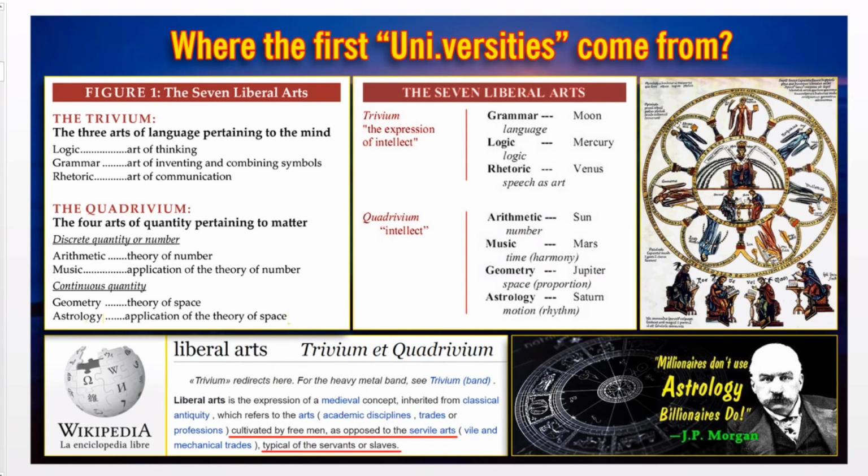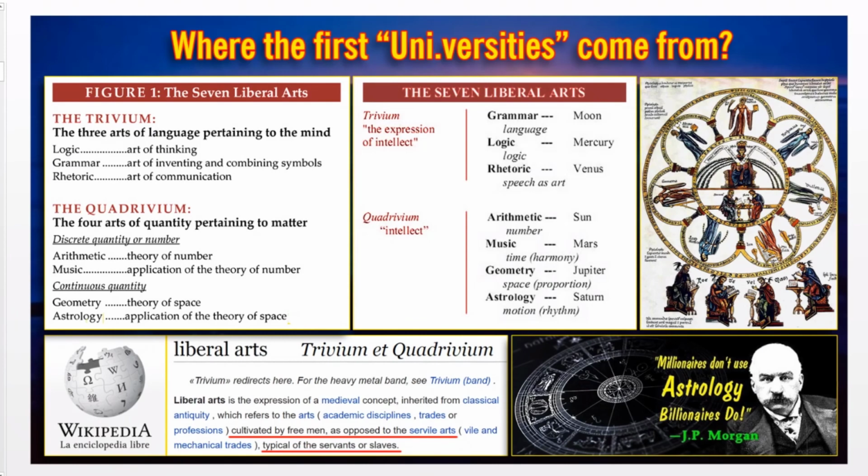And I see that quote you have there in the corner, that millionaires don't use astrology, but billionaires do, which is so true. And I've told people before, having the bookstore, the most expensive PDF book that I've ever seen, and I've never been able to get a hold of it, is about doing the stock market by the stars. You think you'd be able to get it for free or maybe $50, $100.